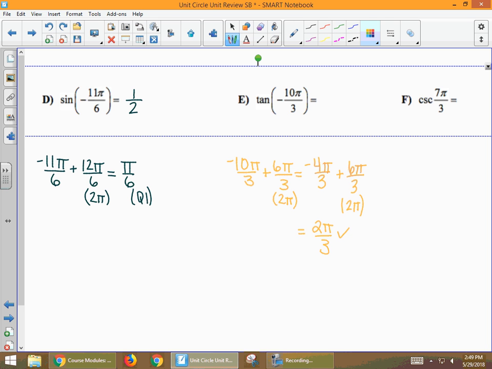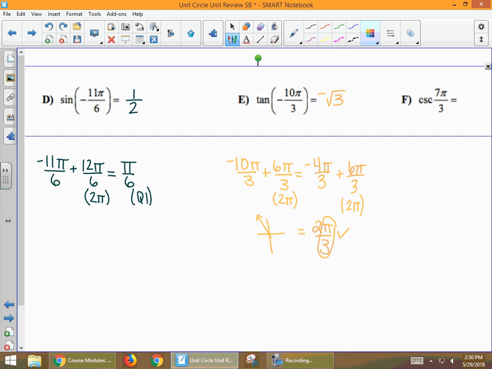So at all of our pi over 3's, tangent is radical 3. And 2 pi over 3 is in quadrant 2, and in quadrant 2, tangent is negative. If you don't have those tangent values memorized and you need to rely on sine and cosine, then you need to do sine divided by cosine.